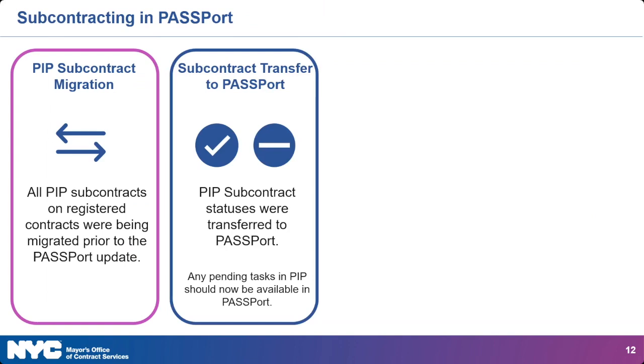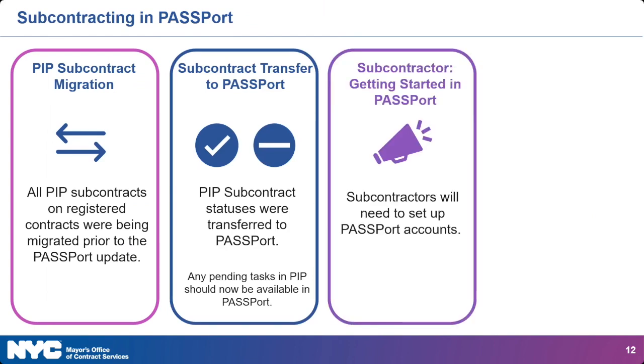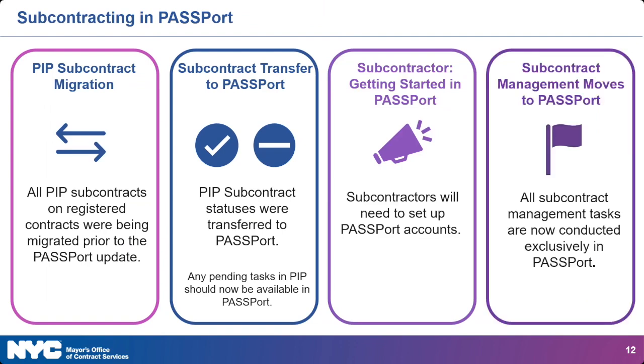Pending subcontract tasks in PIP will then be available in Passport. Going forward, subcontractors will need to set up Passport accounts to maintain their progress because all subcontract management tasks are now conducted in Passport.